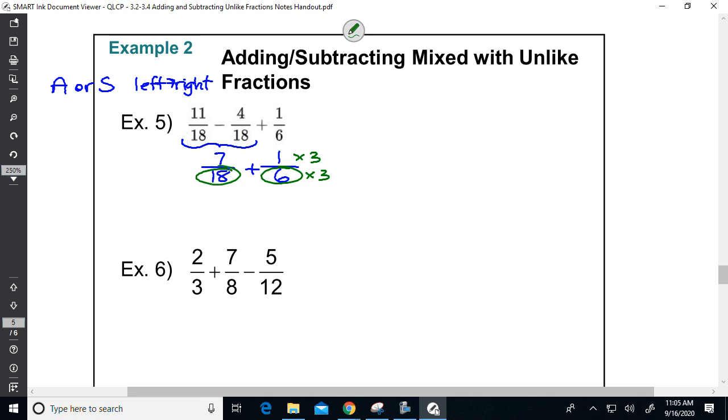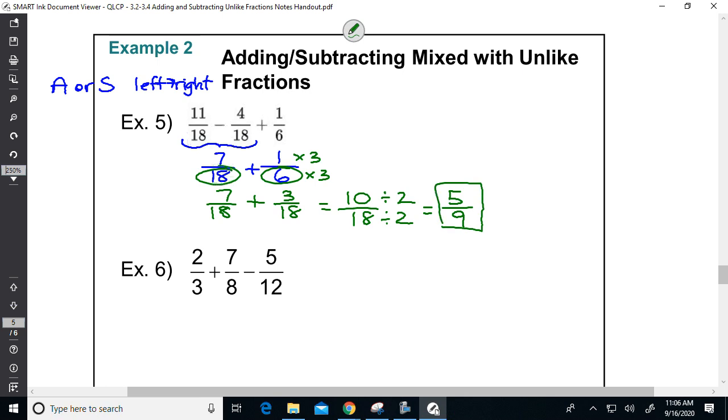Multiply by 3. That gives you 3 over 18. So 10 over 18, which reduces to 5 over 9. And that's that problem over.